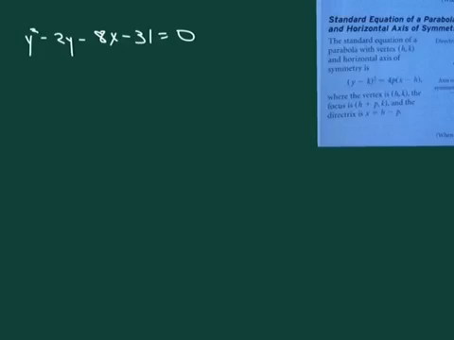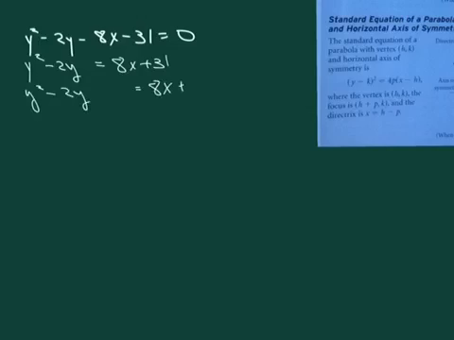I'm going to make my pen a little bit smaller just to make sure I have room. y squared minus 2y equals 8x plus 31. Now I'm going to complete the square, so I'm going to leave my space there after my 2y.